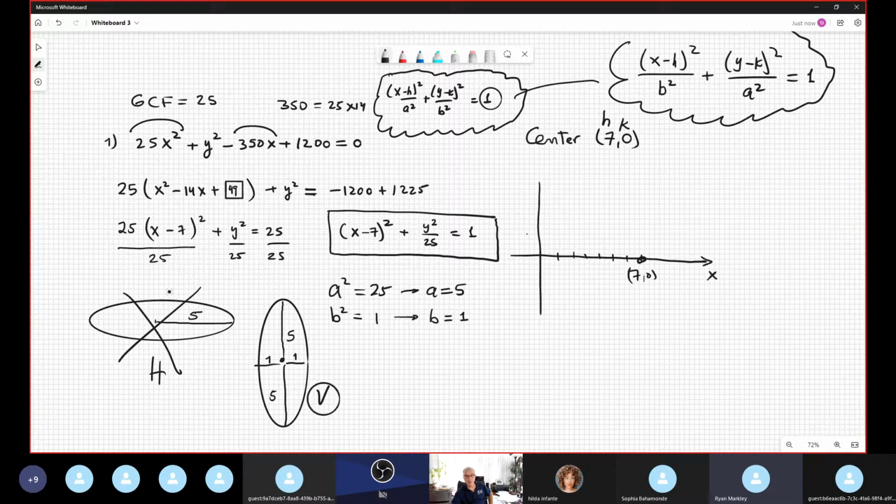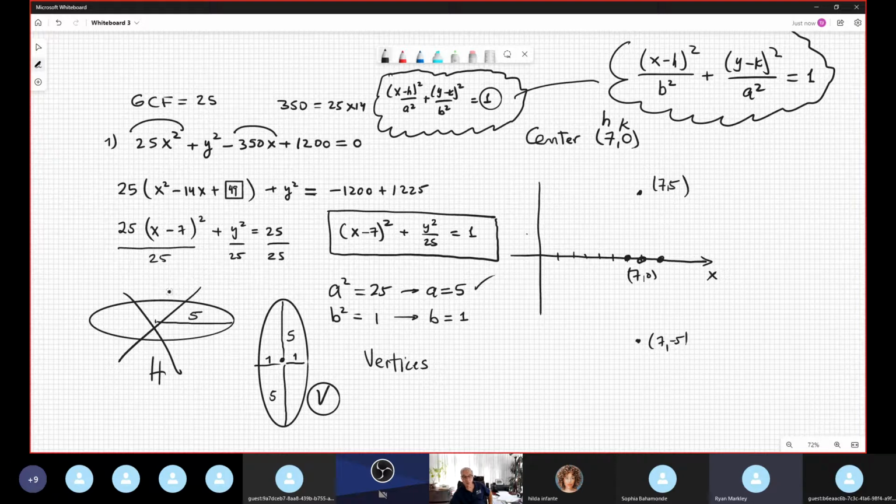Very good. And by the way, I can plot directly the vertices. From the center, distance 5, up and down. That point, I suppose using my imagination, is 7, 5, and this point is 7, negative 5, because it's down. And the minor axis is 1, so 1 here and 1 here.